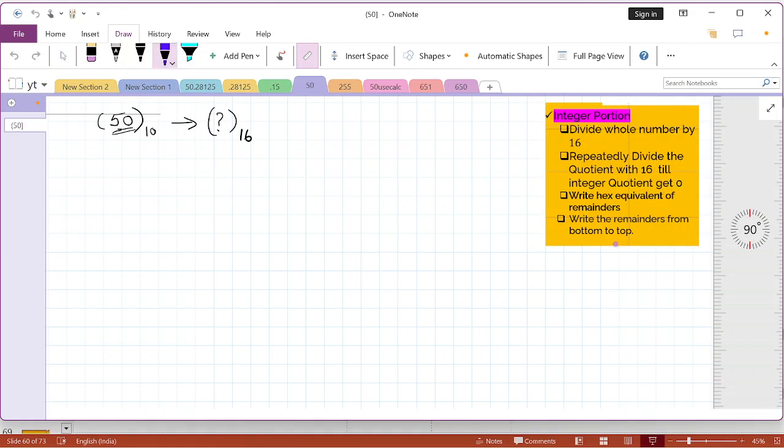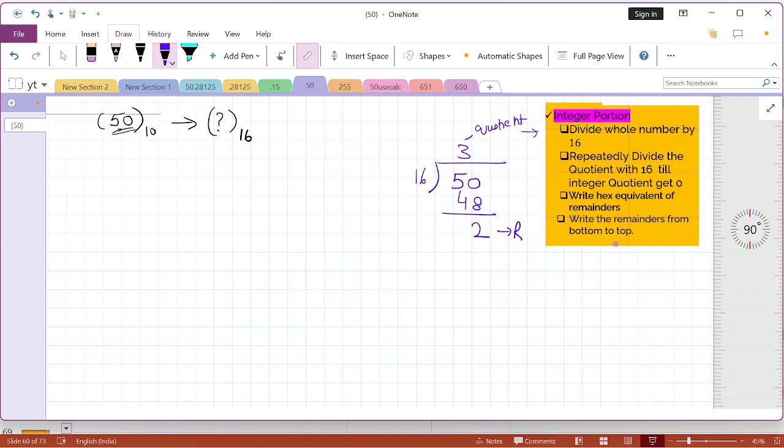Let's see with an example. This is my original number 50. I will divide it with 16. That is what this point says. And I'm not using the calculator, so I'm using the manual calculation method, right? So this is my quotient and this is my remainder.